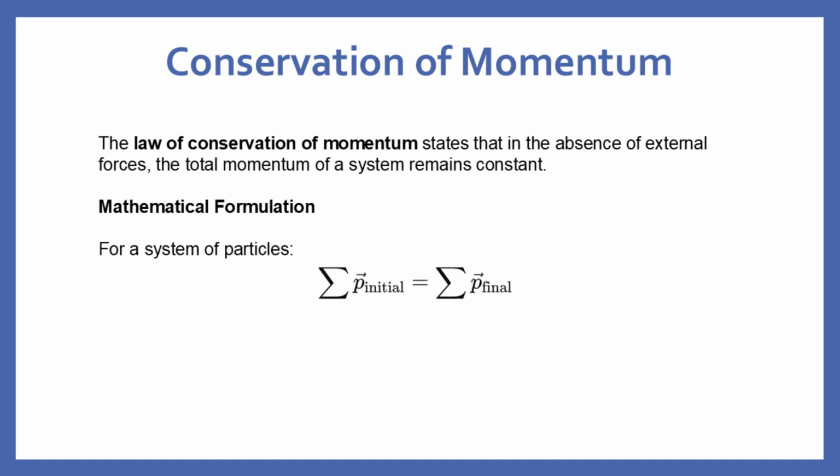This principle is represented mathematically by summing the initial and final momenta, showing their equality. Understanding this law helps analyze and predict outcomes in various scenarios, such as vehicle crashes, explosions, and even in sports, where interactions between players and equipment follow the same rules.